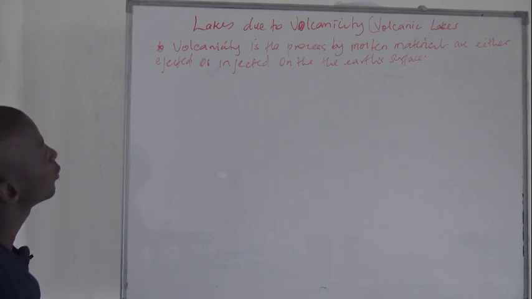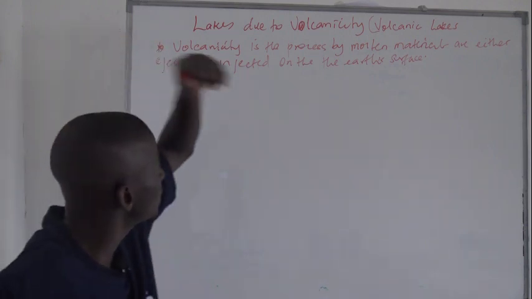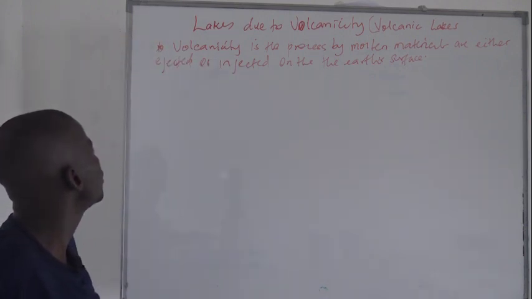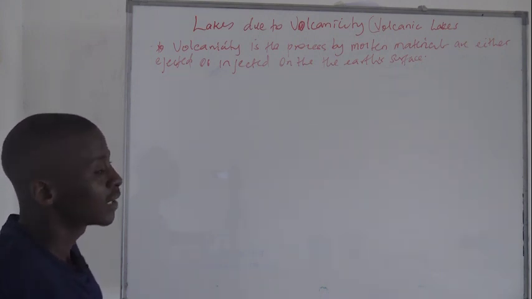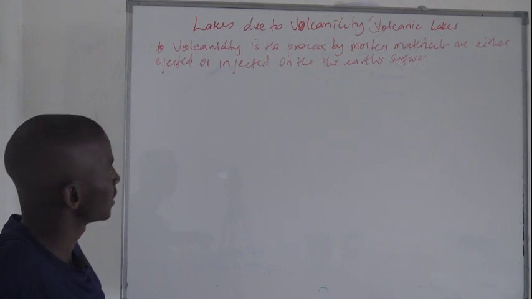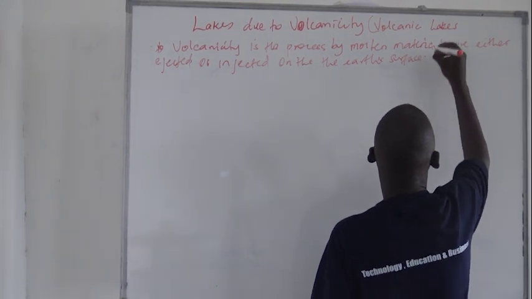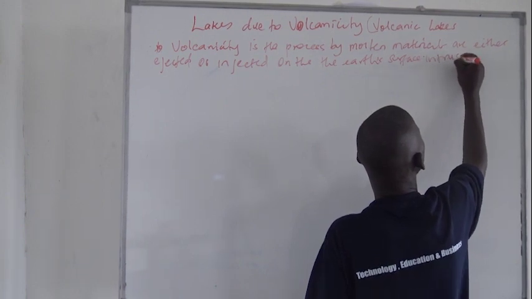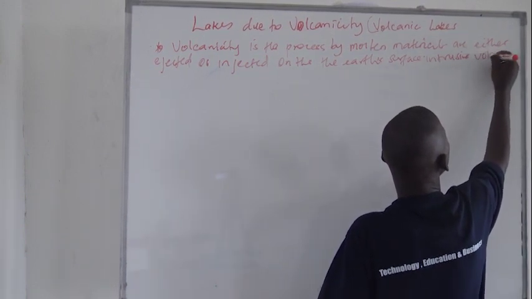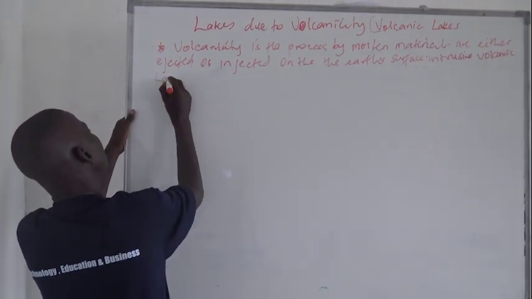Briefly, to give you a highlight on volcanicity before I go to volcanic lakes, volcanicity is the process by which molten materials are either ejected or injected onto the Earth's surface. Because of that, there are mainly two types of features formed: intrusive volcanic landforms.